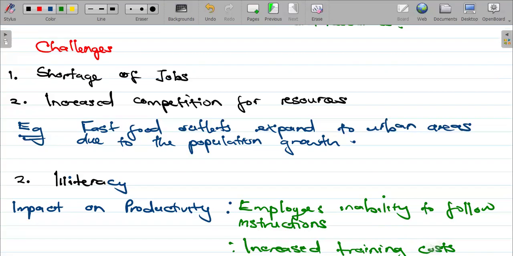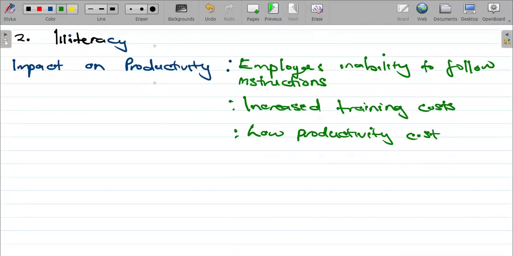So let's move on to another. An example might include a factory which experiences errors because workers cannot read safety instructions.